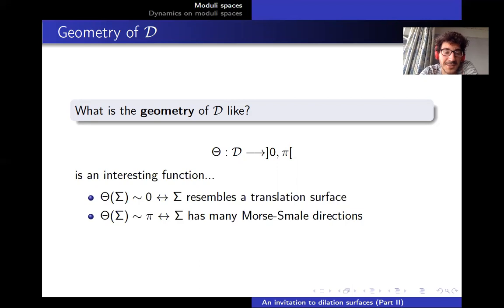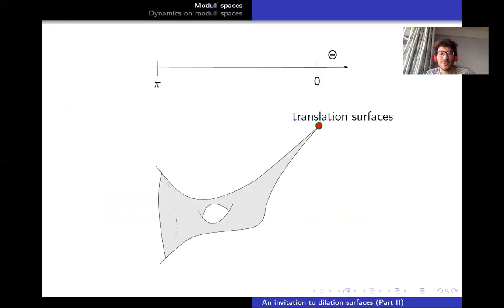If the surface has a very small theta, then it resembles a translation surface. A translation surface has theta equal to 0. If, on the contrary, it's close to 2 pi, it has big cylinders which cover most directions. So you can see a lot of Morse-Smale stuff in that bit. Maybe the way I want you to think of it is that you have your moduli space like this, and it's swept out by this theta function.